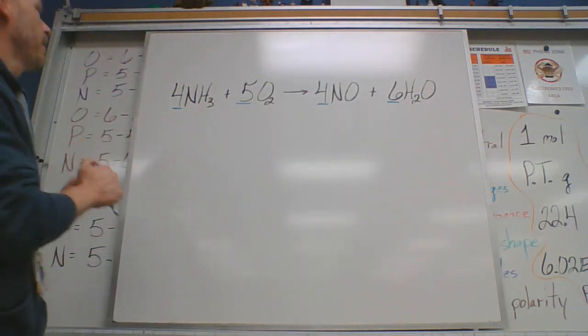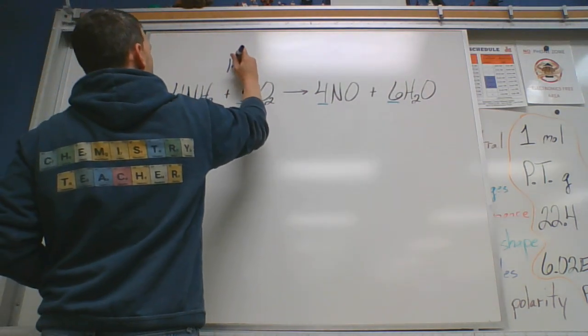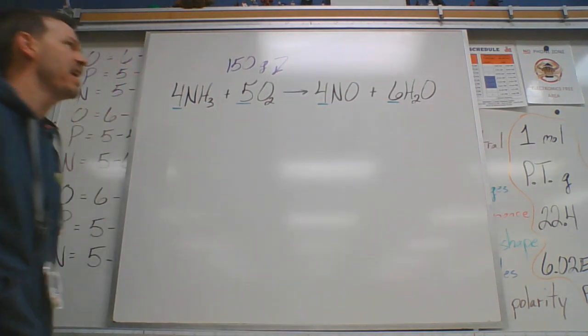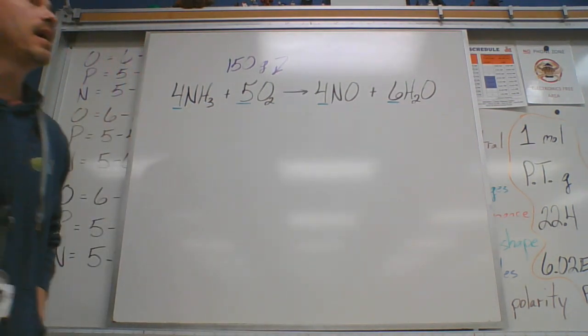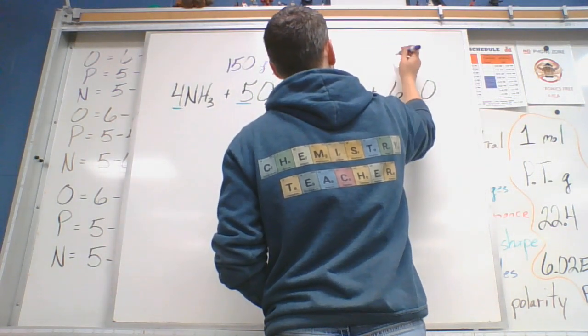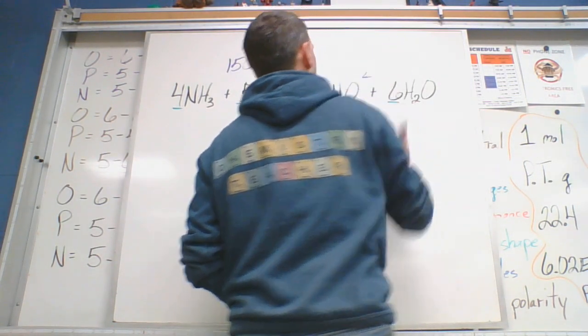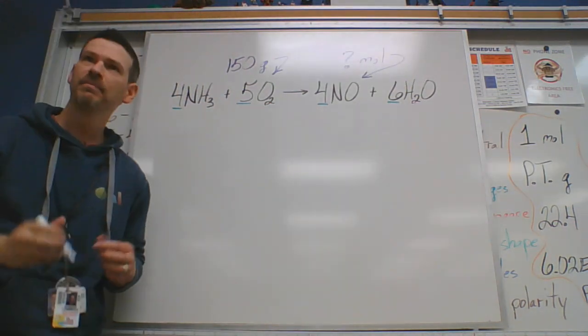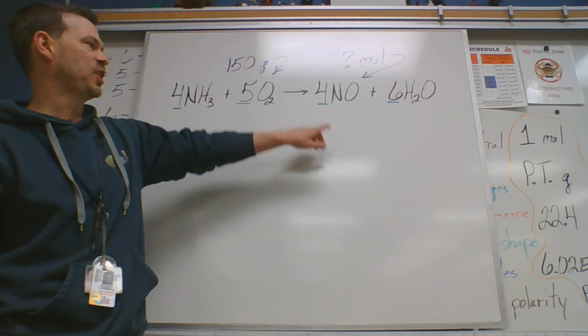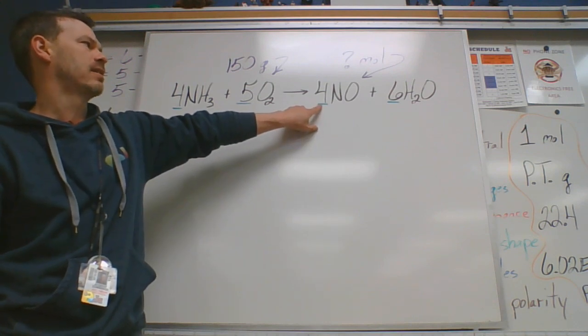It says if you have 150 grams of heme, how many moles of heme will form? All right, so remember, the moles is our counting units. This number here is the moles.